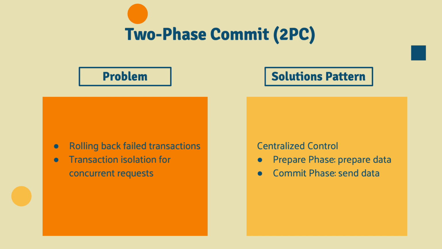The prepare phase, in which the central control tells the services to prepare the data, and the commit phase, which signals the service to send the prepared data. All services in a 2PC system are locked by default, meaning that they cannot send data. While locked, services complete the prepare stage, so they're ready with the data.